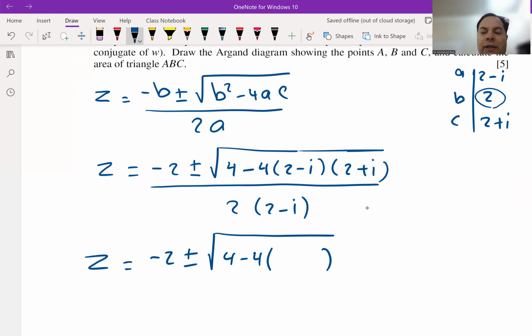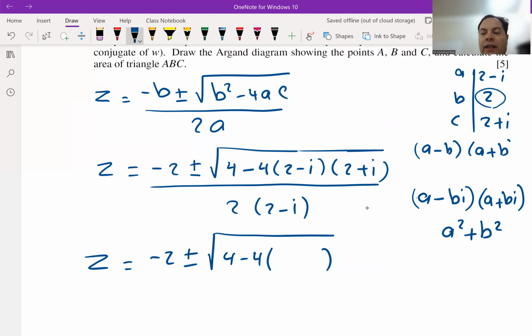When we have two complex numbers, one the conjugate of the other, you can expand and simplify. Or, in the case of a minus bi multiplied by a plus bi, the final answer is a squared plus b squared, because i times i is i squared, which is equal to negative 1, so negative becomes positive. This differs from a minus b times a plus b, where the final answer is a squared minus b squared.